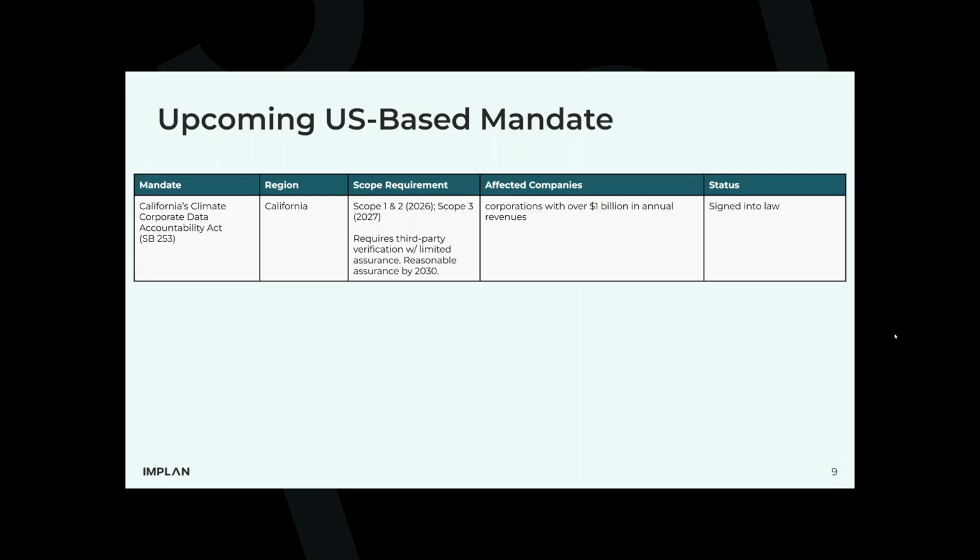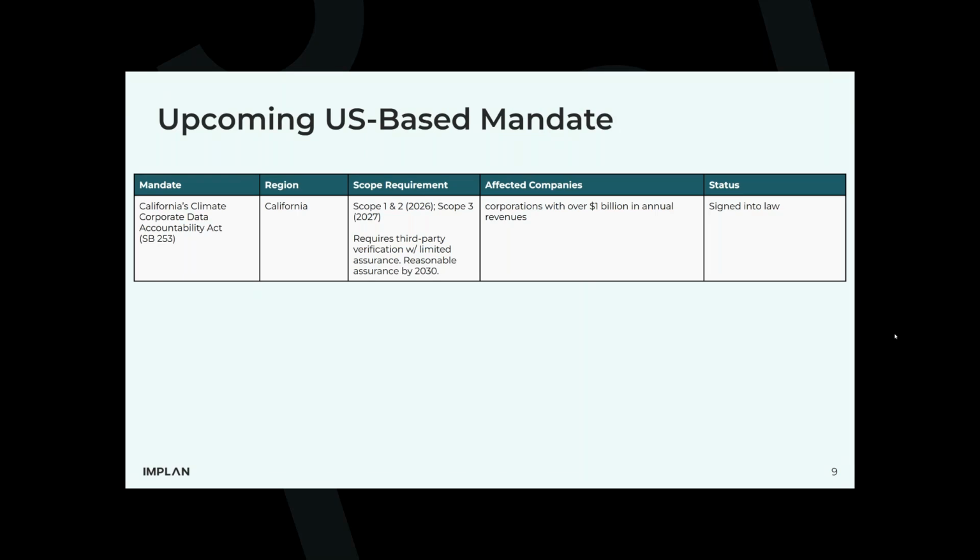California's Climate Corporate Data Accountability Act, or SB 253, will require corporations with over $1 billion in annual revenue to report their Scope 1 and 2 emissions starting in 2026, and Scope 3 in 2027. This requires third-party verification with limited assurance, and later on, we will require reasonable assurance by 2030.